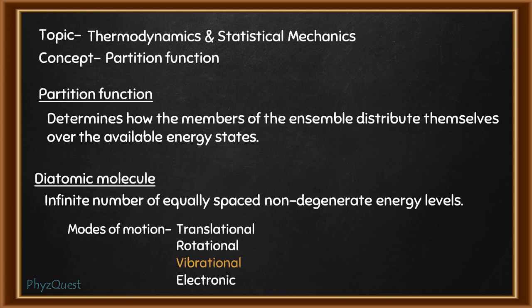Next step is we have to look for the formula. Every type of partition function has a general formula, but in case of different modes of motion the formula does change. Here we have come to a conclusion that we have to only consider the vibrational part of the diatomic molecule.